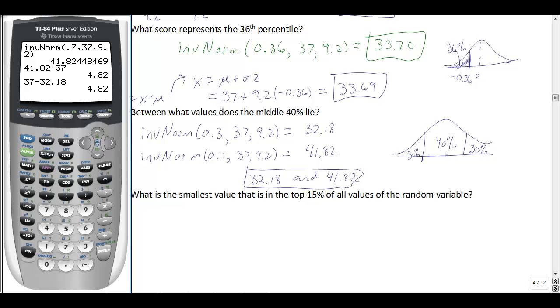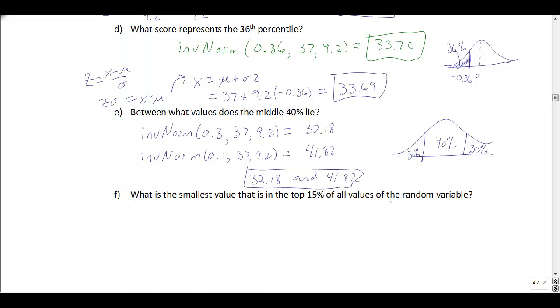So my mean is 37 and the same distance to both sides. Do I actually get 40% here? This is just a check. I could do a normal CDF from 32.18 up to 41.82, mean 37, standard deviation 9.2, and I get basically 40%.